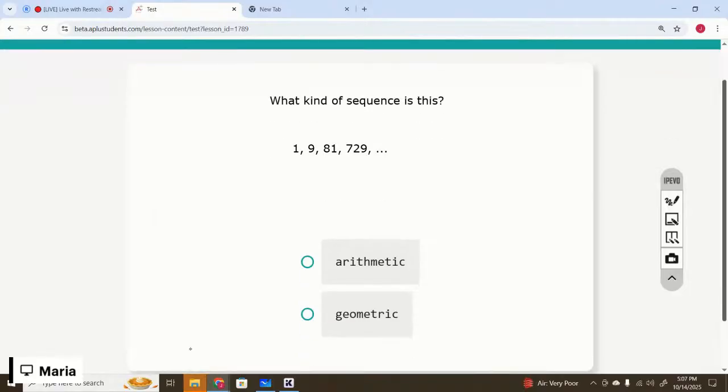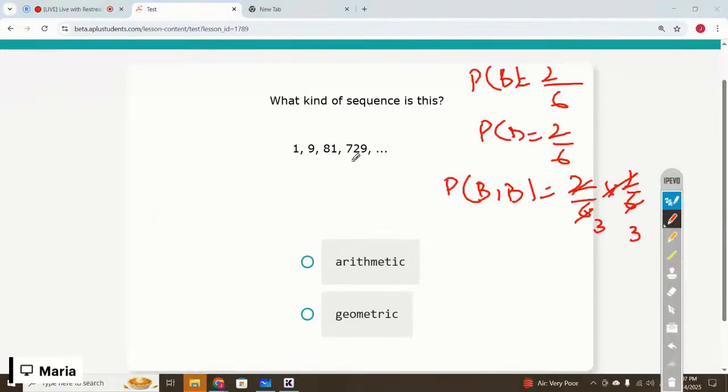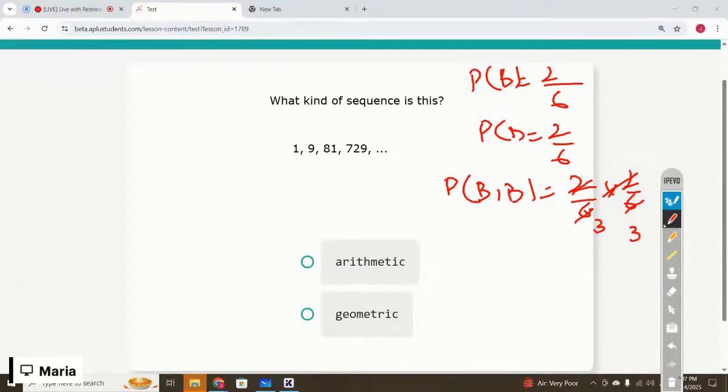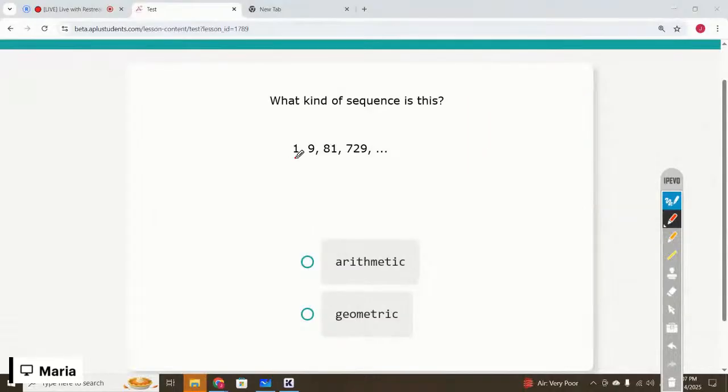What kind of sequence is this? 1, 9, 81, 729. 1 times 9 is 9, 9 times 9 is 81, 81 times 9 is 729.